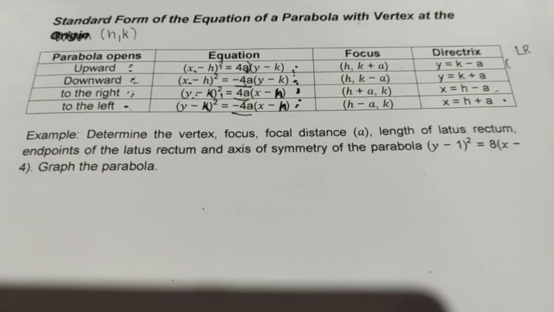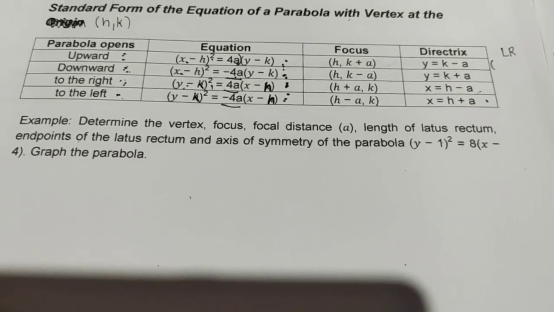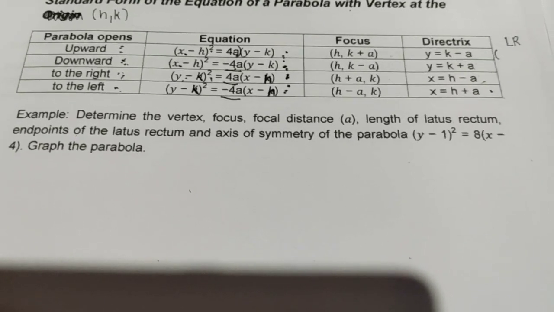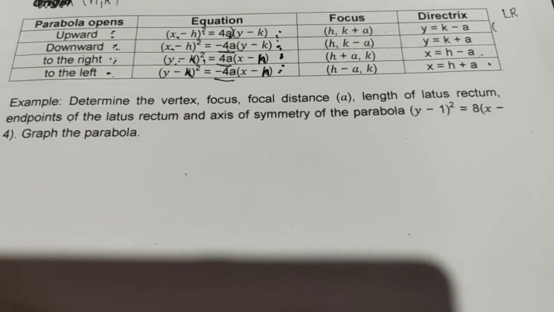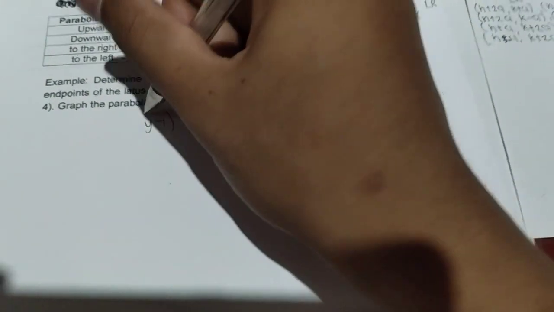Let's have the first example. Determine the vertex, focus, focal distance, length of latus rectum, endpoints of the latus rectum, and axis of symmetry of the parabola (y minus 1) squared equals 8 times (x minus 4). Graph the parabola.